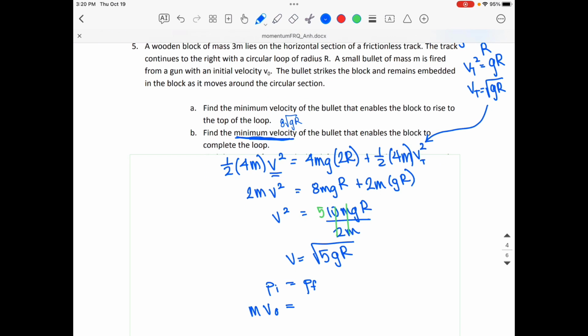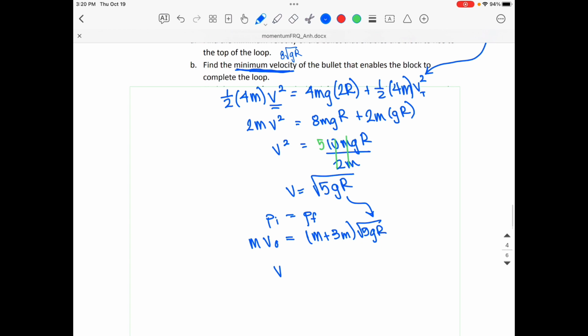So I get the combined mass, m plus 3m, times this velocity at the bottom of the ramp, square root of 5gr. And when I reduce everything, I get 4m over m, square root of 5gr, which reduces down to 4 root 5gr.